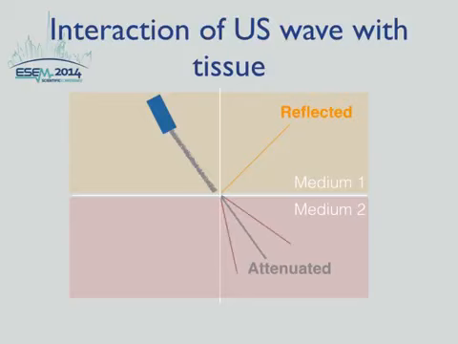Sound waves can also be refracted. Refraction is the bending of the wave beam when it crosses the interface of two materials with different propagation velocities at an oblique angle. Similar to light waves, this is also known as Snell's law.